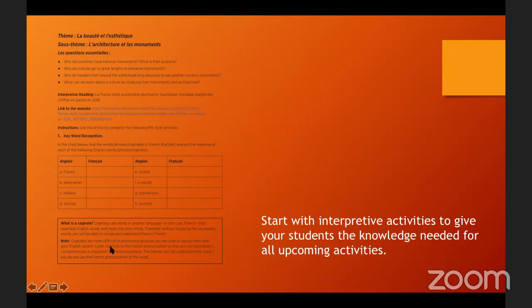Okay. And I talk about cognates all the time. I find that the more I talk about it, the more the students understand that it's important to know them, because you can read and understand it and know it means the same thing. It's also important to know that they aren't going to sound the same.